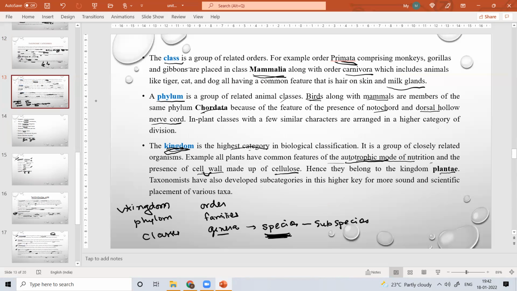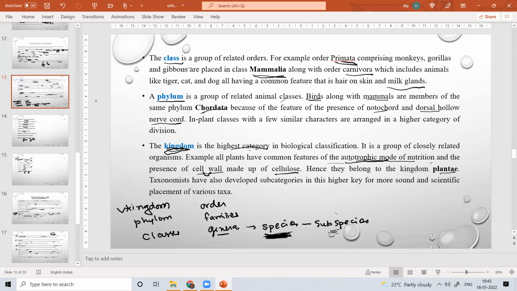A kingdom is a large group of animals or plants or organisms. It includes many phyla, a phylum includes many classes, and a class includes many orders. One order includes many families, a family consists of many related genera, and a genus includes related species. And species is the basic taxonomic unit. This is the lowest rank, and it may also be subdivided into subspecies.